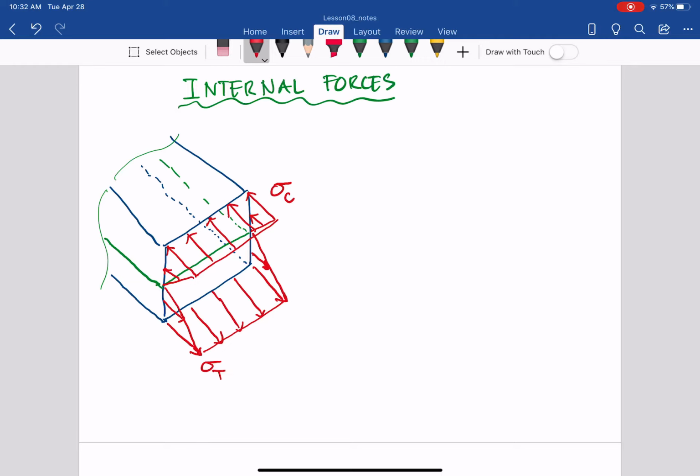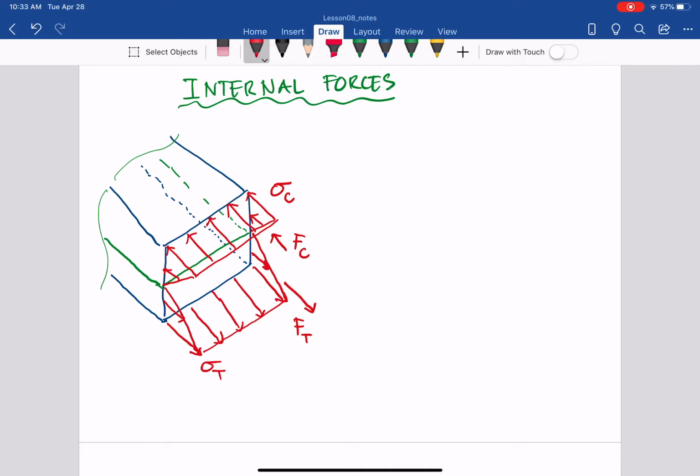Then the sum of all the stress will be called the force Fc, which goes into the cross section, the compression force, and the bottom half will create the tension force that goes out of the cross section. We call it Ft, and because it's pure bending, we don't have normal force or shear force, so they have to be zero.